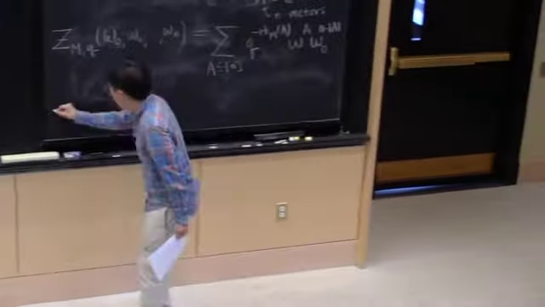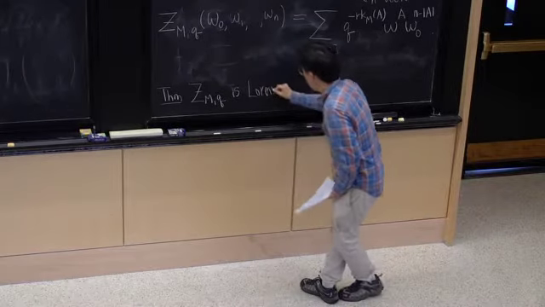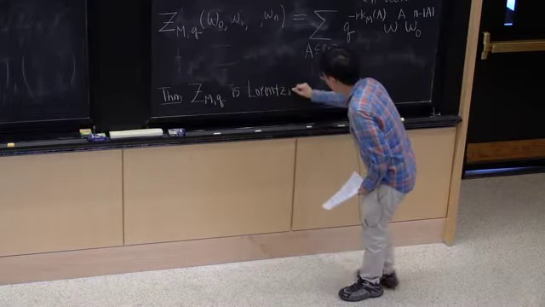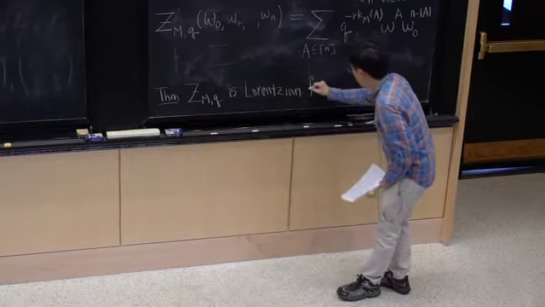And of course, the theorem is that this polynomial, Z of M with parameter Q, is Lorentzian for all choices of Q between 0 and 1.